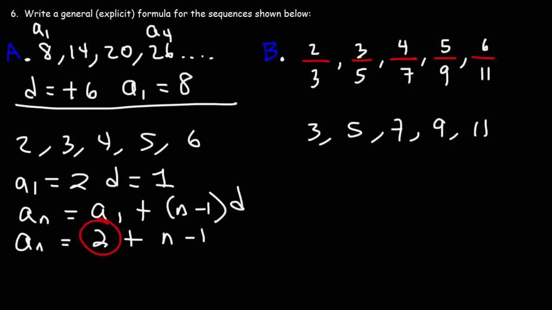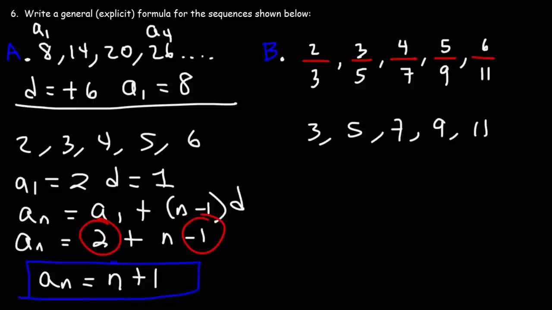So we can combine 2 and negative 1, which is positive 1. So we get the formula n plus 1. And you could check it. When you plug in 1, 1 plus 1 is 2, so the first term is 2. If you were to plug in 5, 5 plus 1 is 6, that will give you the fifth term, which is 6.